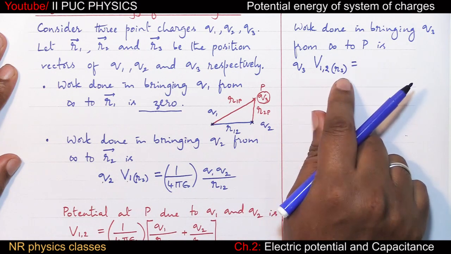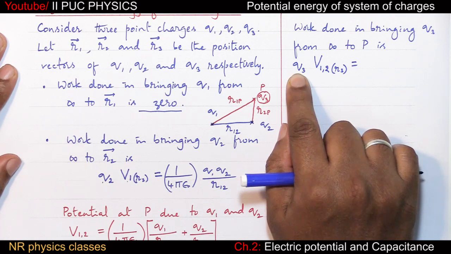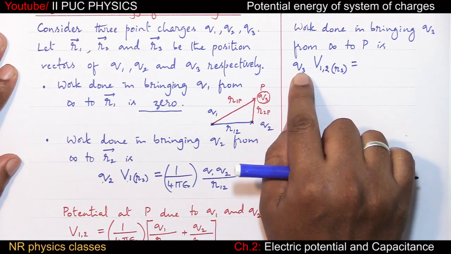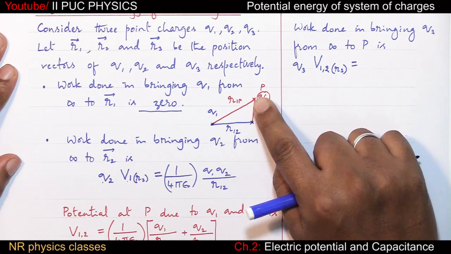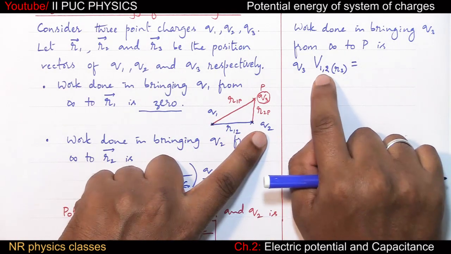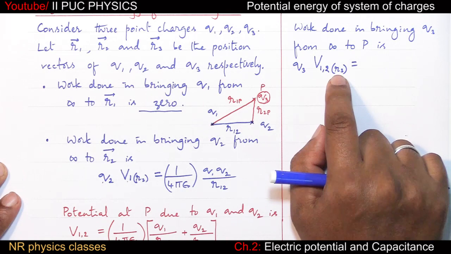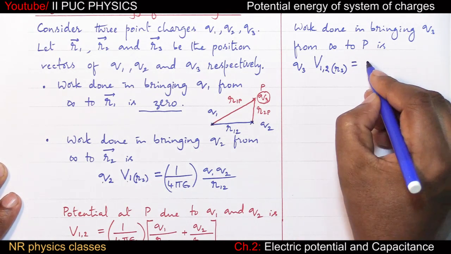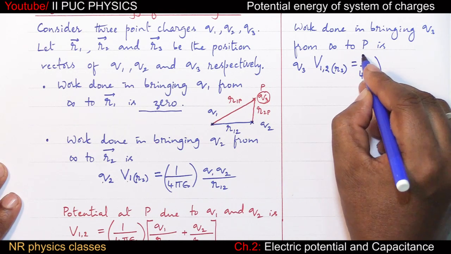I hope you understood this. Let me repeat. Q3 is brought from infinity to this point P. Therefore, potential at this point due to Q1 and Q2 matters, and position of this point with respect to origin is R3.